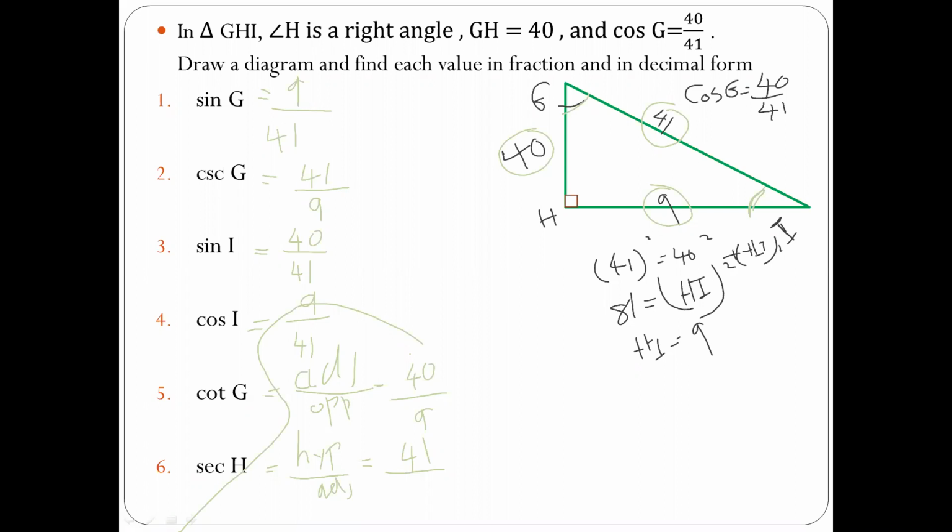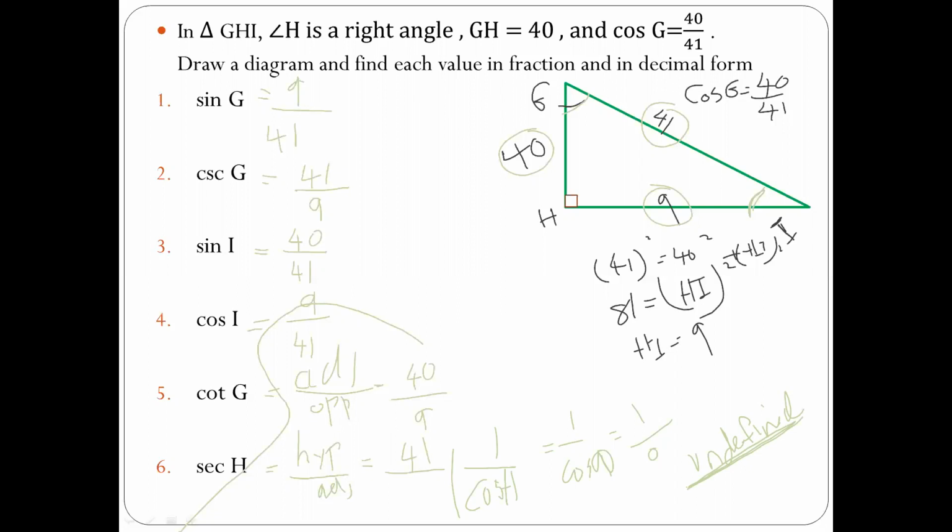It means there's something wrong. We know that secant is 1 over cosine of H. Is it right? H is the right angle, and I told you that the cosine of 90 is 0. So secant H, I will write beside it, is undefined.